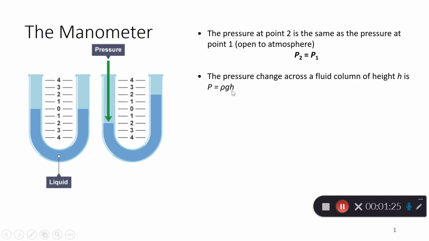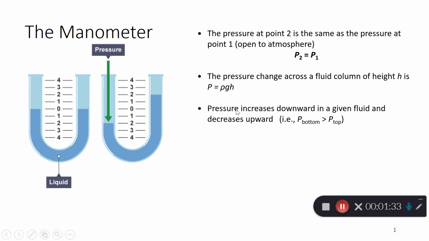So the change measured here equals rho g h, and that is going to give you the increase in pressure. Pressure increases downward in a given fluid and decreases upward. What this means is as you go further down, there's a pressure rise, and if you go further up, there will be a pressure decrease.